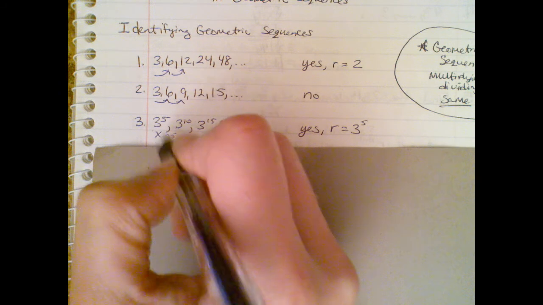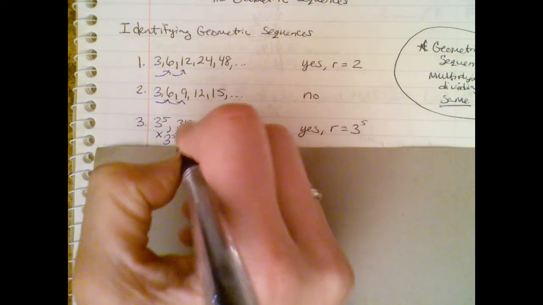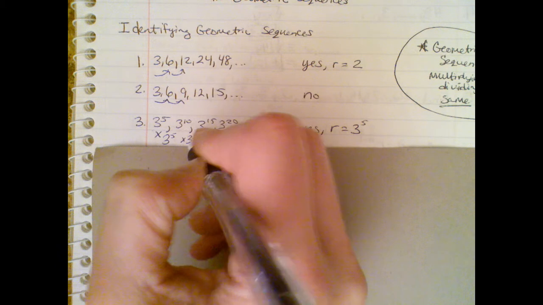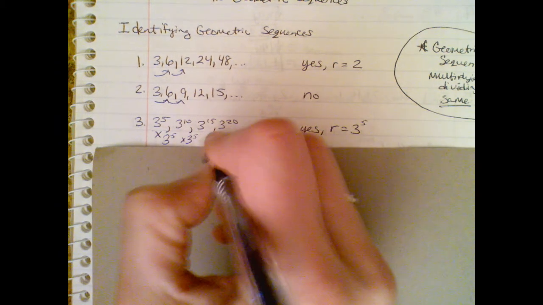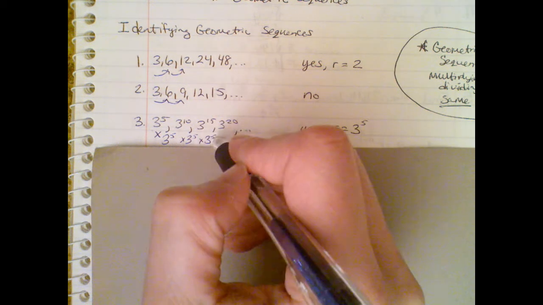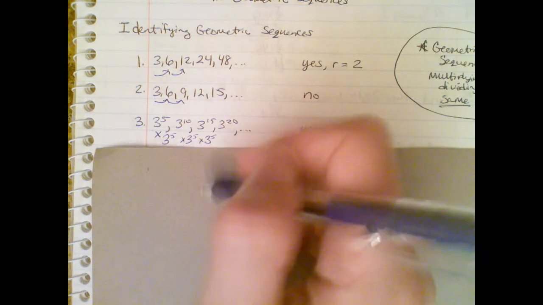So 3 to the 5th times 3 to the 5th, we'd get 3 to the 10th. If we then multiply it by 3 to the 5th, we add our exponents, so we would be multiplying by 3 to the 5th again. This next one, if we multiply by 3 to the 5th, we add our exponents, so it keeps working. So we would say yes, and our common ratio is 3 to the 5th.